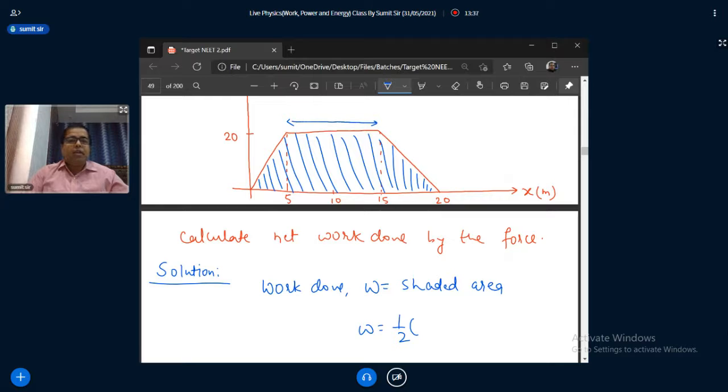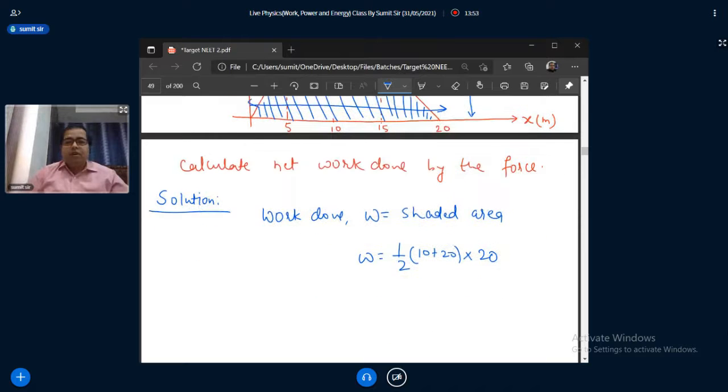One parallel side is 10 meter, and the other is 20. So 10 plus 20, into the separation between parallel sides, which is 20. So work done is half into 30 into 20, which means 300 joule. This is the work done. Okay.